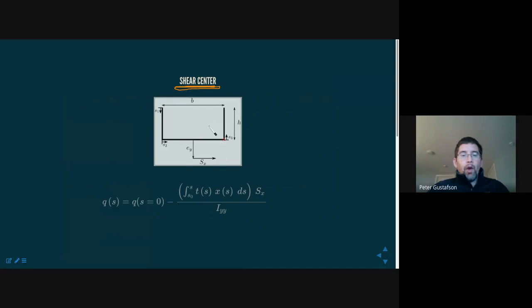Now, this calculation that we just did, of course, it can be done for any thin-walled cross-section in bending.